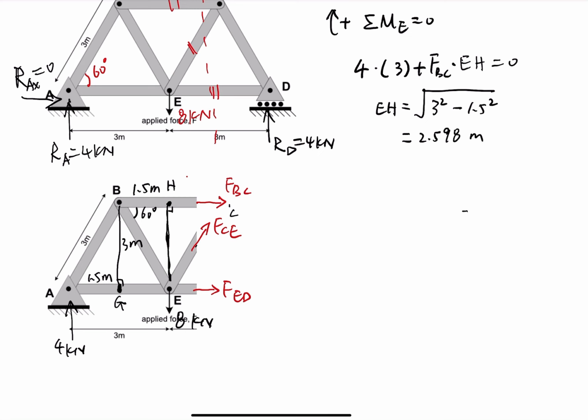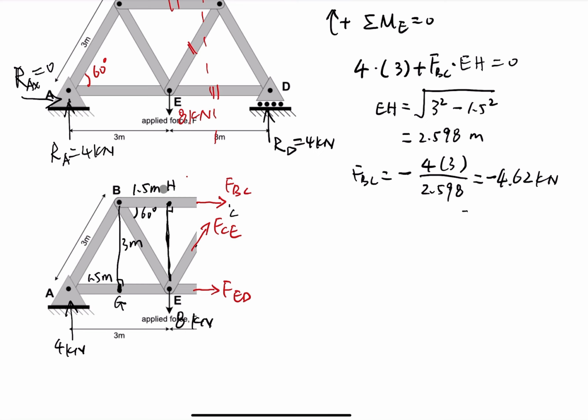Then FBC is equal to negative 4 times 3 over EH, and EH is shown here, so then we got the result. EH is 2.598, and using a calculator, we come out to the result of negative 4.62 kilonewton.